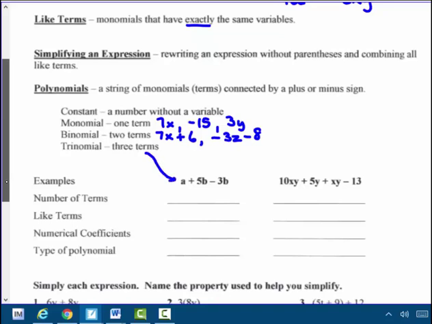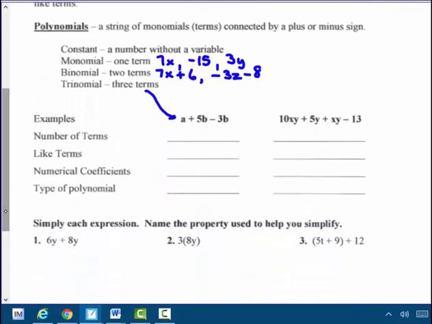That's a trinomial because it has three terms in it. What are like terms? It does have some like terms in it, the 5b and the negative 3b. Those are like terms. The numerical coefficients in this trinomial: it has three terms.